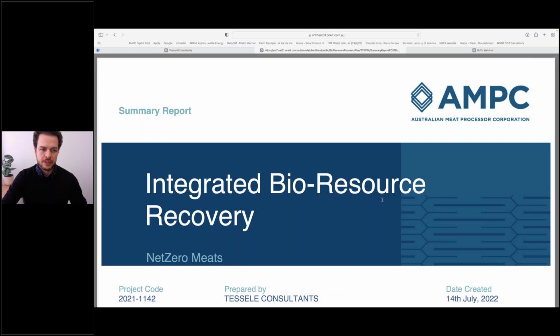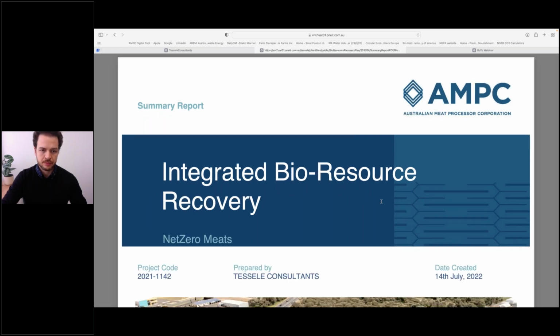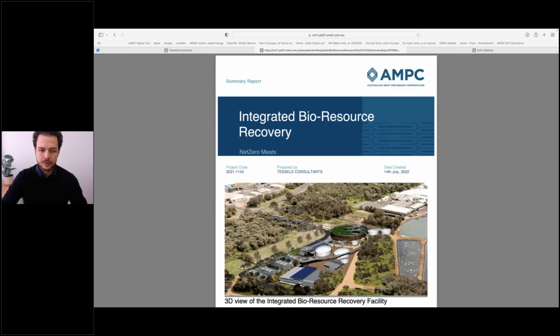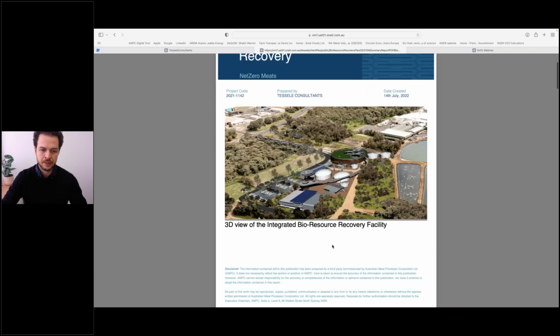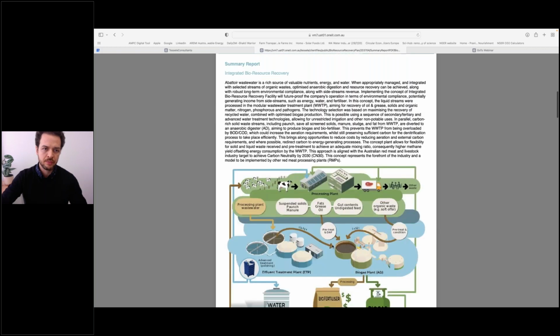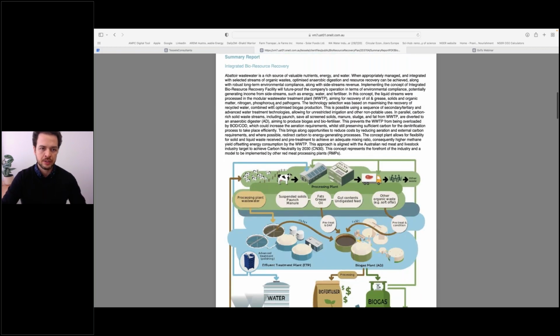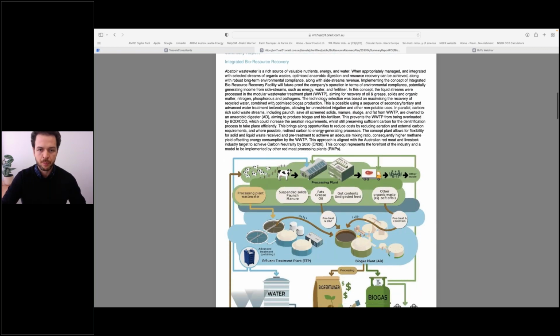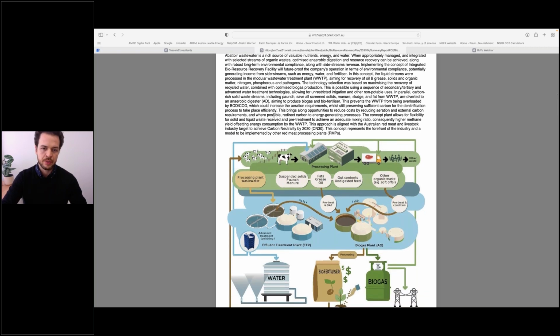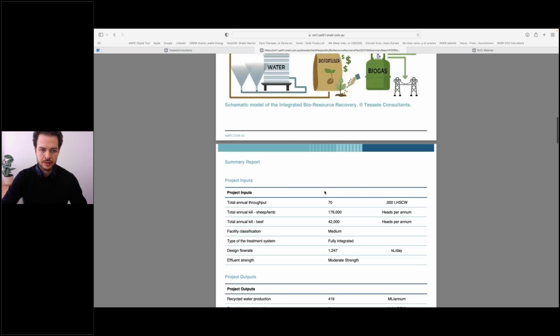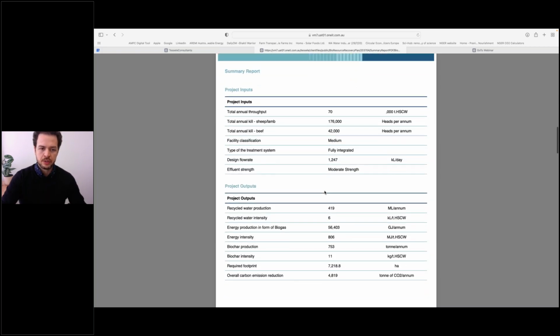Okay, there is a report. The report will present the background information of the integrated bioresource recovery system, which is the wastewater treatment plant, the biogas plant, and the biofertilizer plant. And the project inputs and outputs.